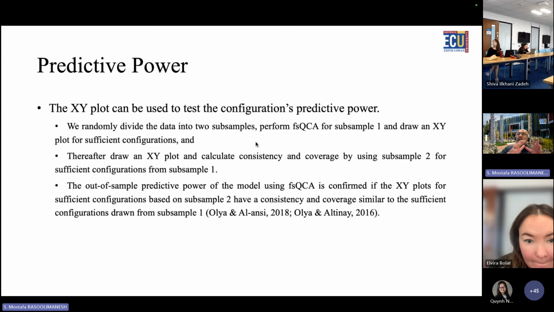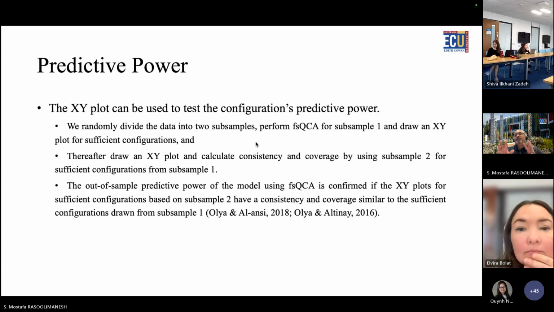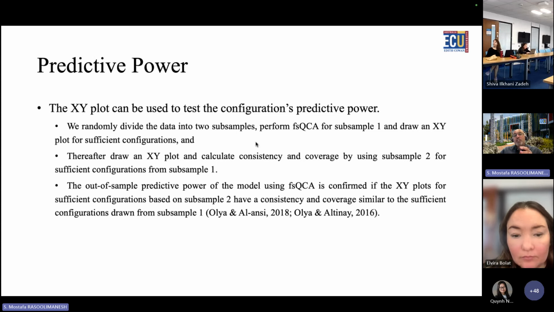Then, to check predictive power, we use these 4 sufficient configurations from subsample 1 and use an XY plot to calculate consistency and coverage of these configurations using subsample 2, and see if those configurations, based on data from subsample 2, also can be sufficient to generate the outcome or not.